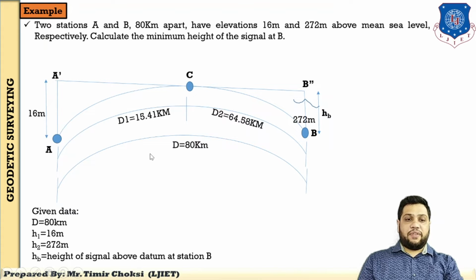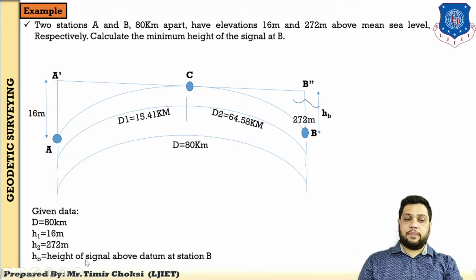Now you first find the distance D1. D1 is the distance to the visible point from A. Similarly, D2 is the distance to the visible point from B. Now you know the data is given: D equals 80 kilometers, H1 is given, H2 is given.